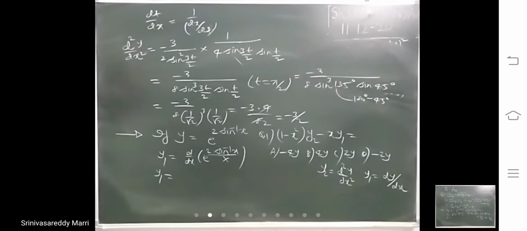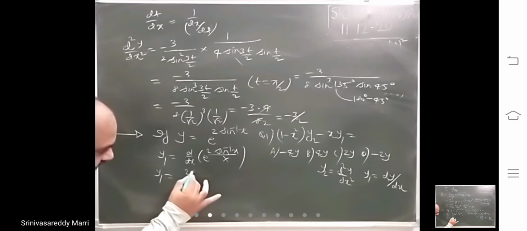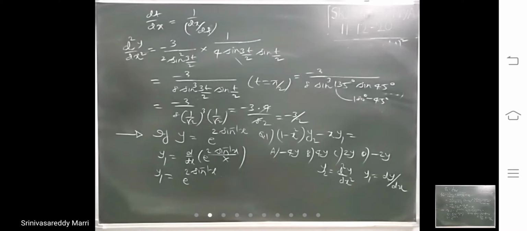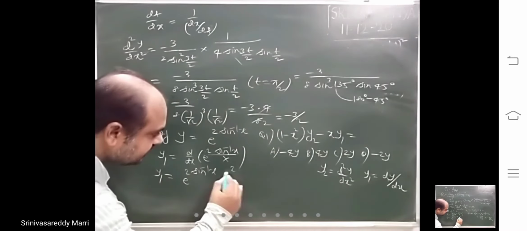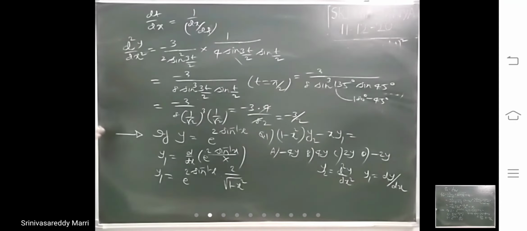I will treat this as capital X. E power X into d by dx of capital X. This is the first derivative. Second derivative means actually d by dx of this you have to do. But d by dx of that will be difficult. Instead of doing like that, one technique we will use is to bring this denominator to this side.